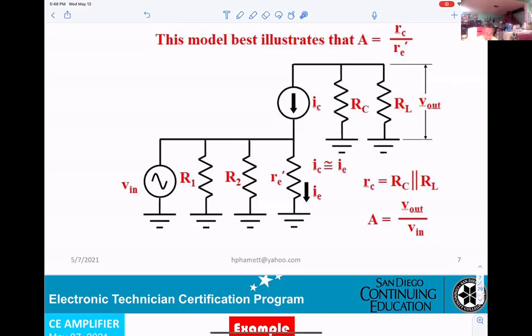In this case, you get RC, the collector resistor, in parallel with RL. So they can say rc, small lowercase, for AC. Sometimes we use Zout for output impedance. It will be RC parallel RL. And if you want to calculate the gain, it is already given to you here. You take rc divided by r'e.